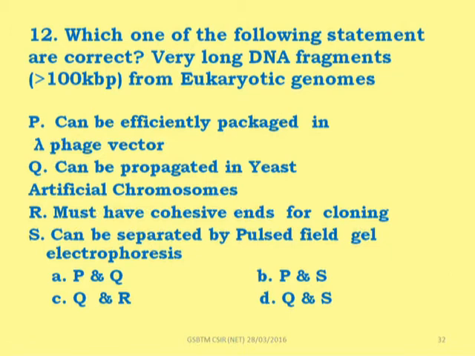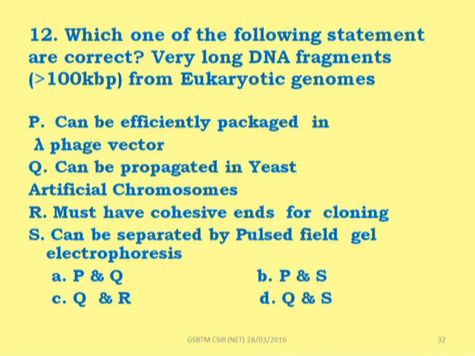For cloning of these bigger DNA fragments, we prefer yeast artificial chromosome, where more than 100 kilobase pair, even 1000 kilobase pair or megabase pair DNA can be cloned. So Q looks right.